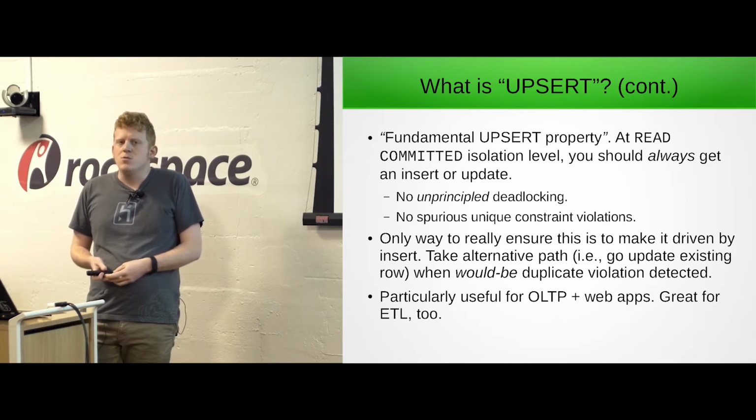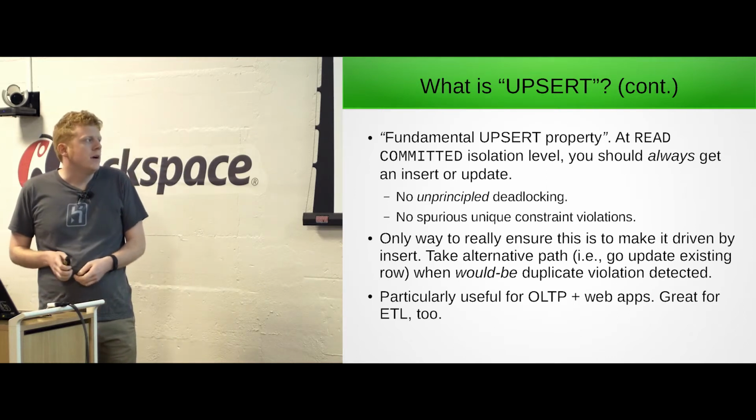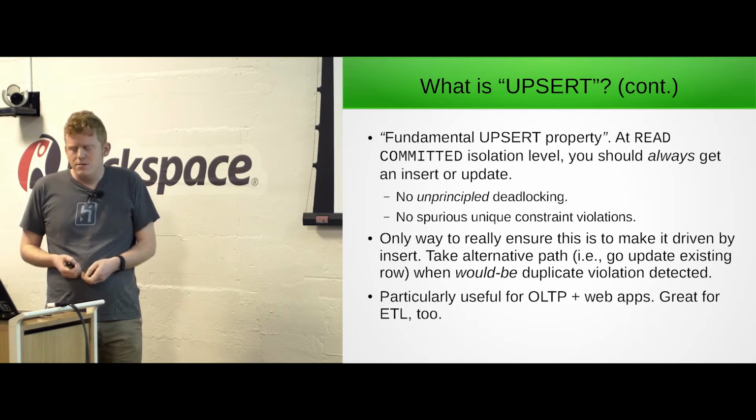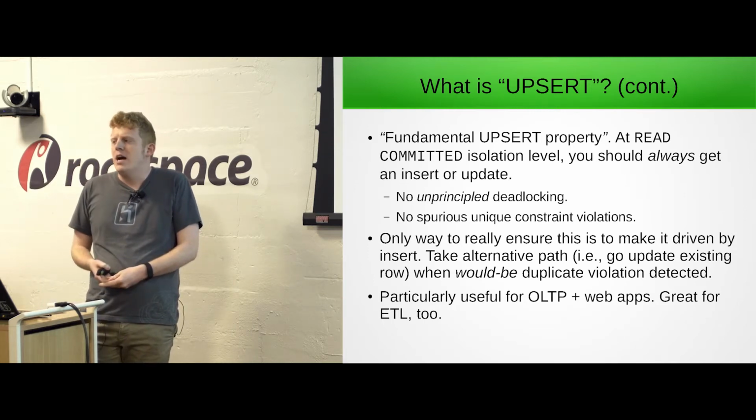It ought to be possible to write an upsert and then put it in your application and more or less leave it at that without being an expert. The way to do that more or less implies that it has to be driven by an insert. In other words, I have to make it something that starts with an insert and then goes to update in the event of encountering a would-be duplicate violation.